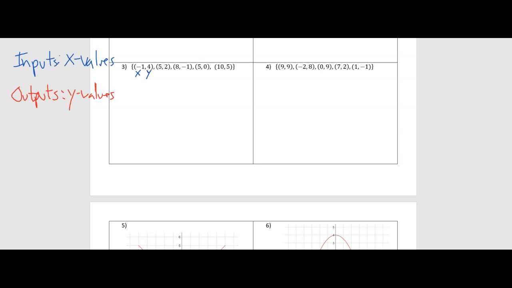And we can see that there are 2 of the same input values here, right? 5 goes to both 2 and 0, or 5 is mapped to both 2 and 0. So if we were thinking about the diagram right here, right, 5 would have 2 arrows. One would be drawn to 2, one would be drawn to 0, which isn't allowed for a function, right?